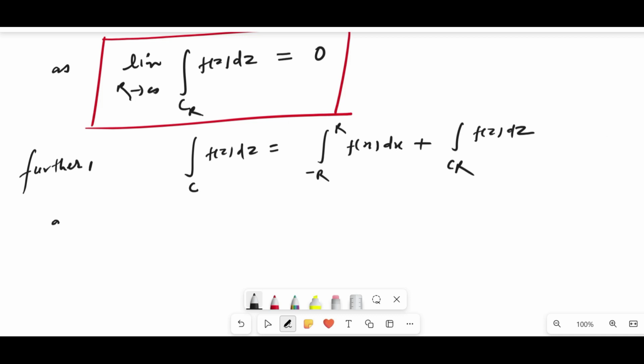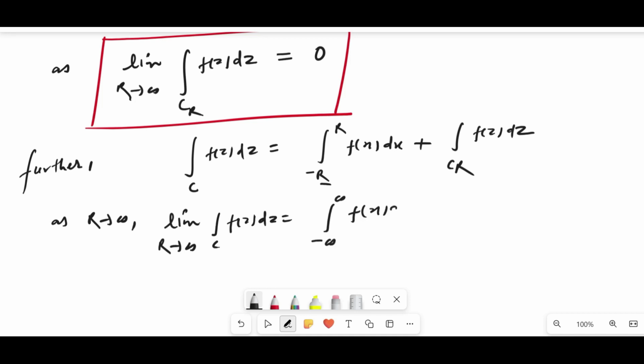So now as r tends to infinity, this limit will be the integral from negative infinity to infinity of f of x dx plus the limit as r tends to infinity of the integral over the curve C of R of f of z dz.